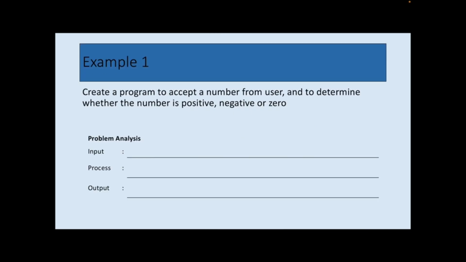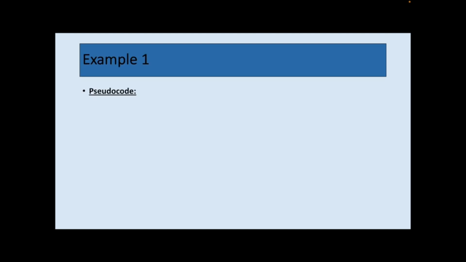For example, create a program to accept a number from the user and determine whether the number is positive, negative, or 0. The input here is number, the process is to determine whether the number is positive, negative, or 0 based on the number, and the output is positive number, negative number, or 0.